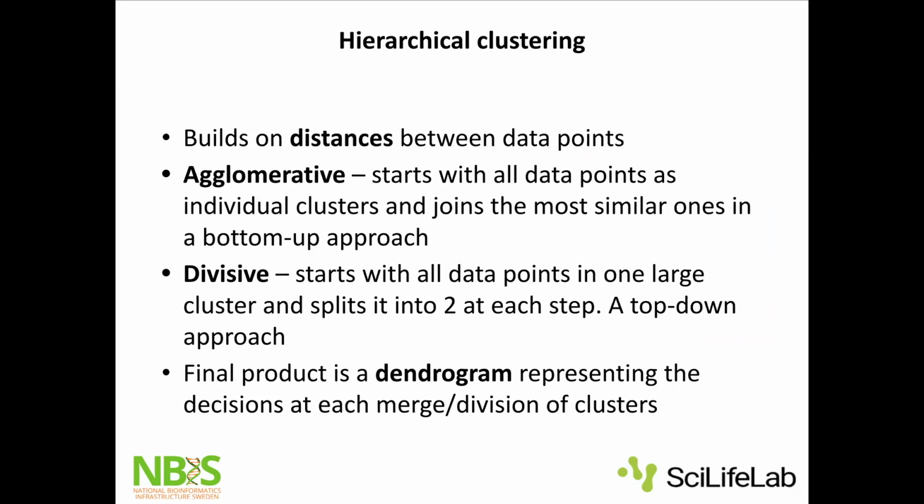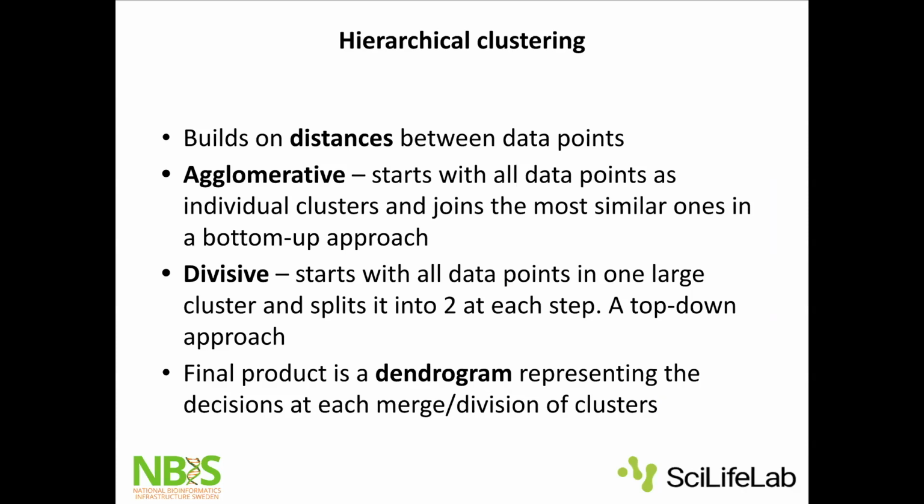And the most classical way is to do hierarchical clustering. So we define some sort of distance between all our data points, and then we build a tree with this data, either top down or bottom up, so agglomerative or divisive.